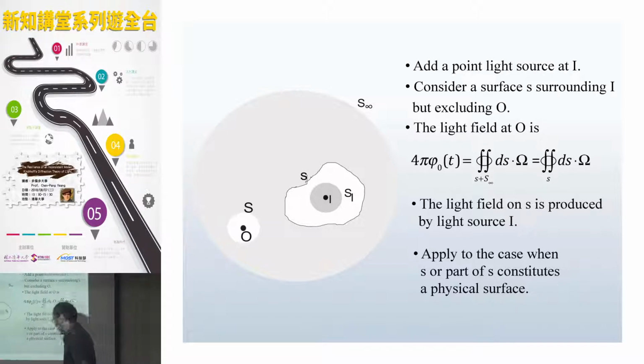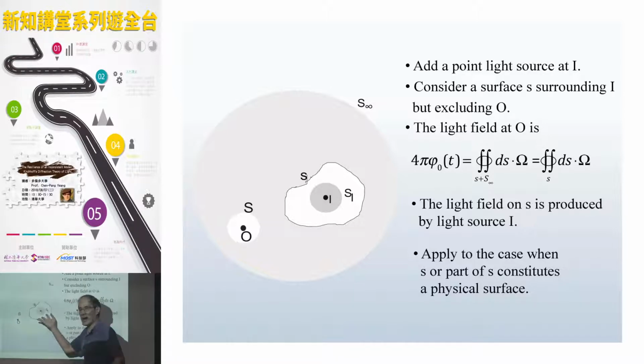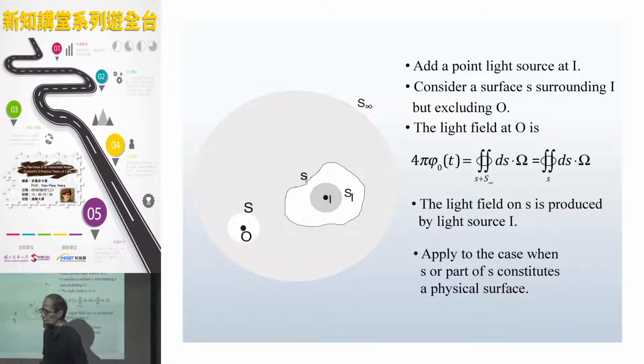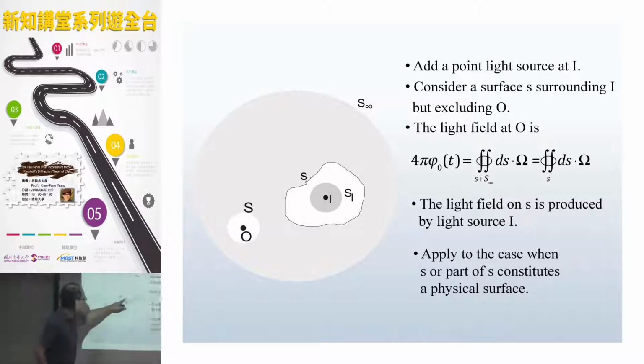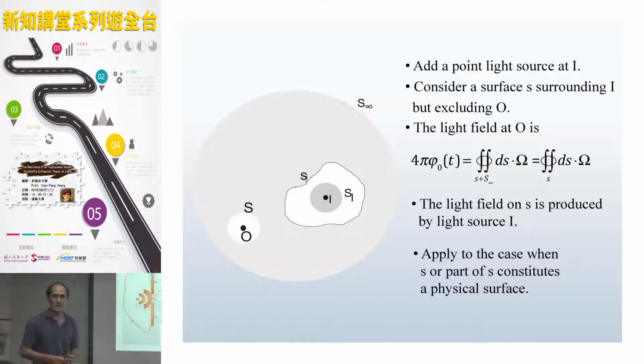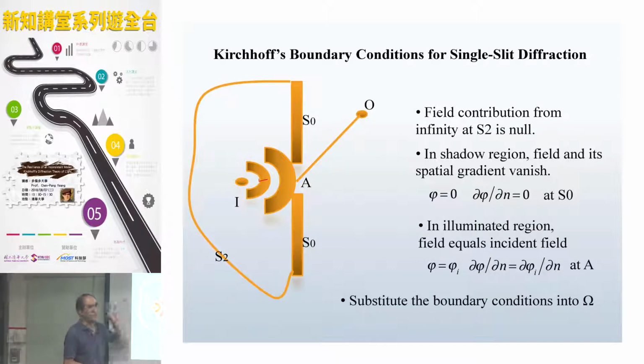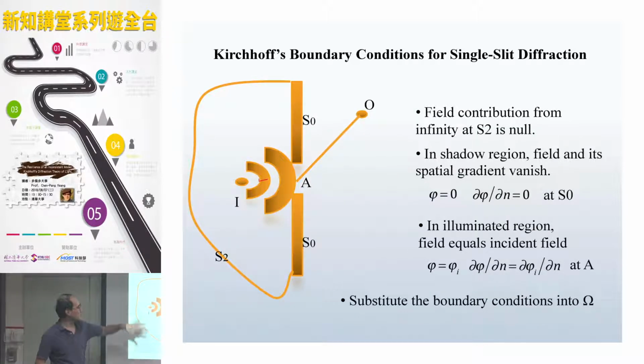Okay, so this can apply when this surface S is imaginary, a virtual surface, or when it's a physical surface that involves real obstacles, right? And it gets interesting when this surface or part of it involves the actual physical surface, which is exactly what Kirchhoff was trying to deal with here.